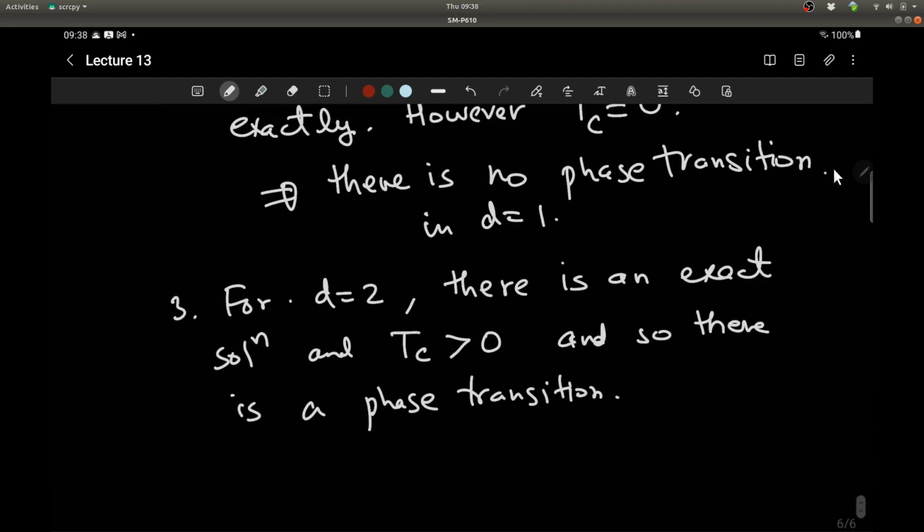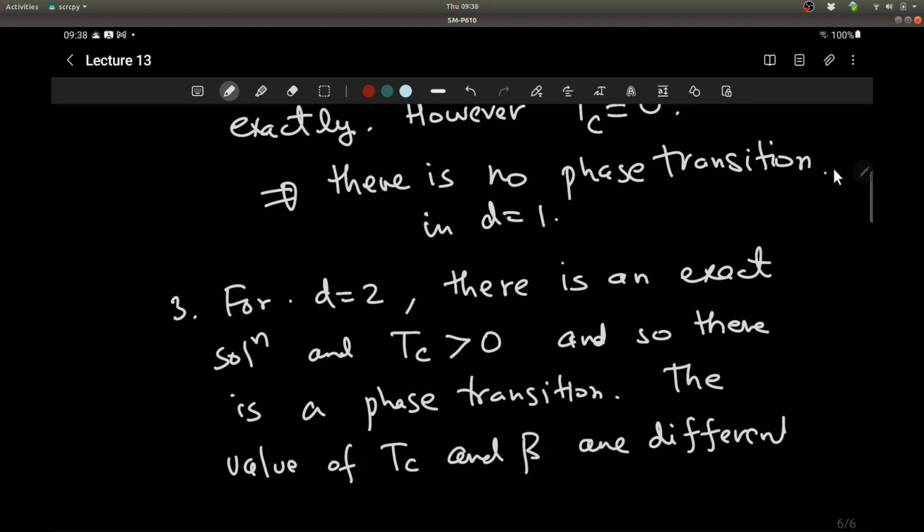I'm just stating these things. Like I said, we will see the d equal to 1 exact solution, but d equal to 2 we won't. Tc is greater than 0, but of course the values of Tc and beta are different. So the exponents we get are wrong. Even the exact number we wrote is not quite correct. But it doesn't matter.